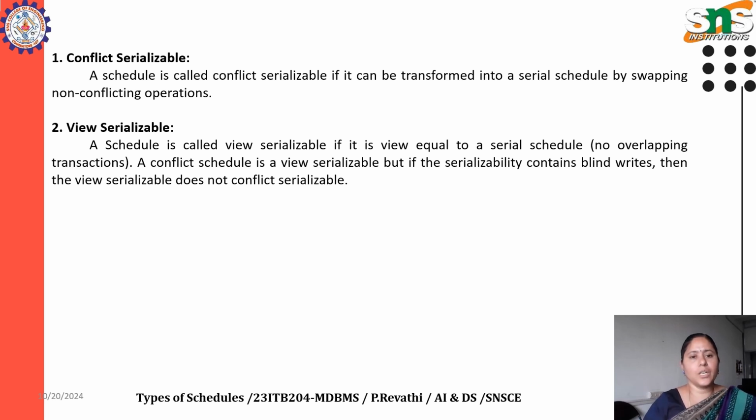A schedule is called view serializable if it is view equivalent to a serial schedule, that means no overlapping transactions. A conflict serializable schedule is view serializable, but if the schedule contains blind writes, then the view serializable schedule does not have to be conflict serializable.